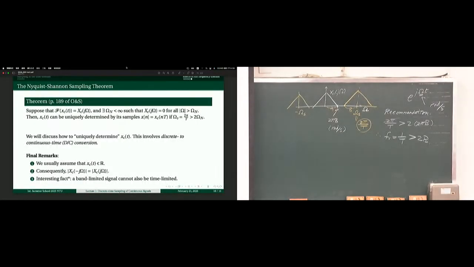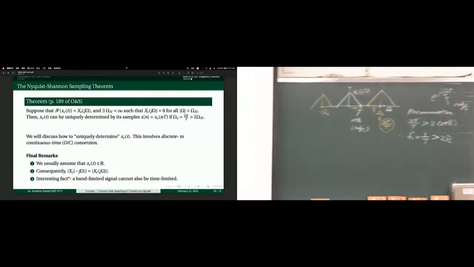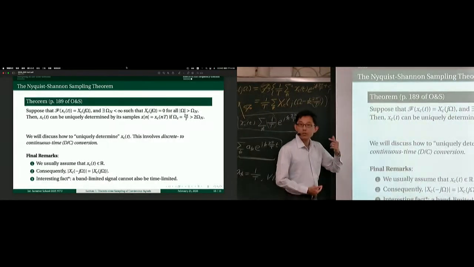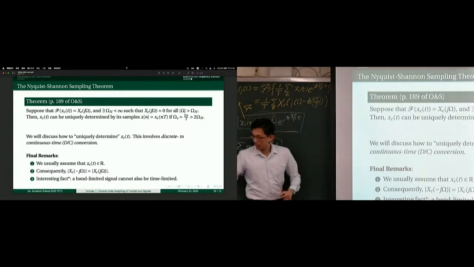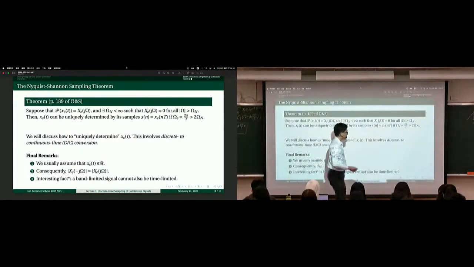But then, if we agree that the signals are real, then consequently, when we look at the spectrum, we have some symmetry in the Fourier transform. So let me tell you a few more things about the Fourier transform.